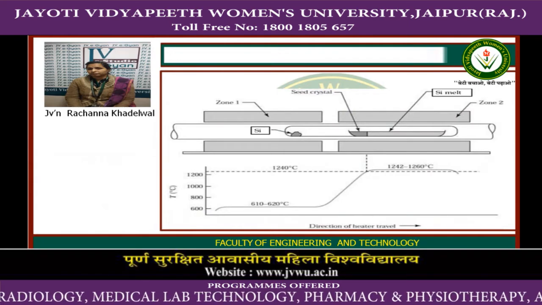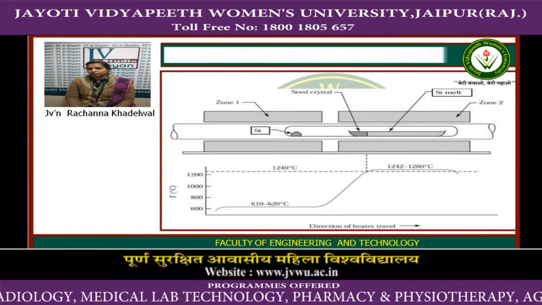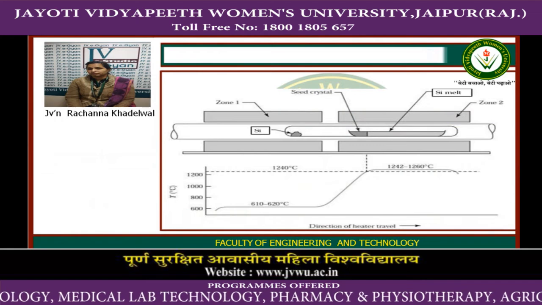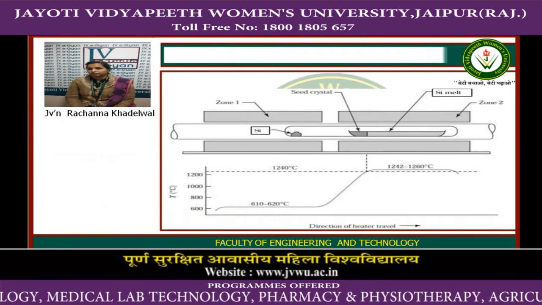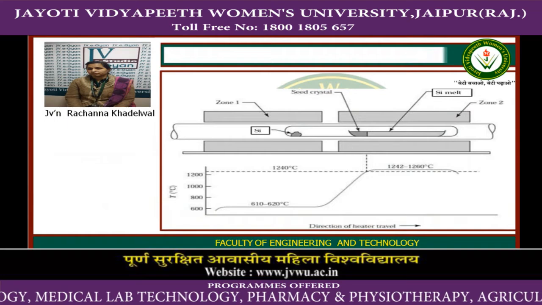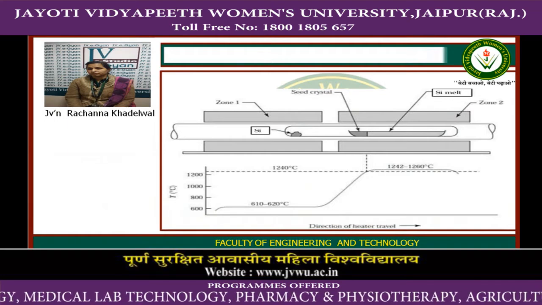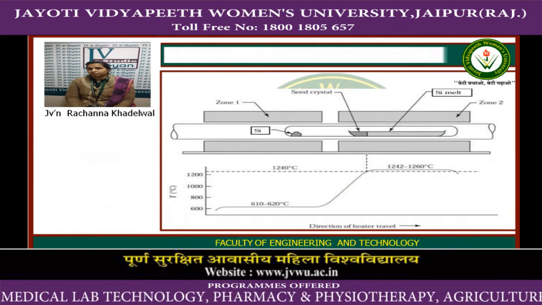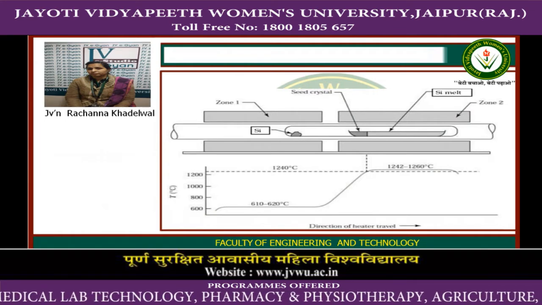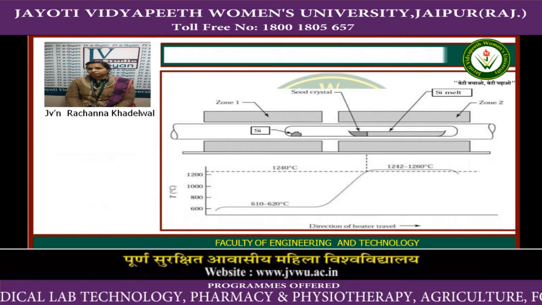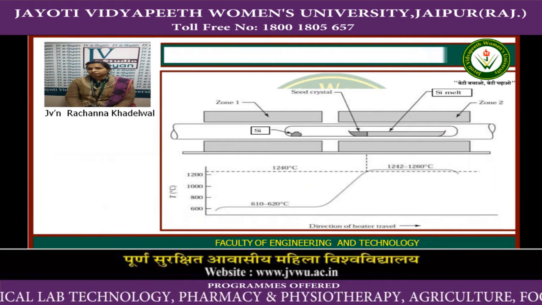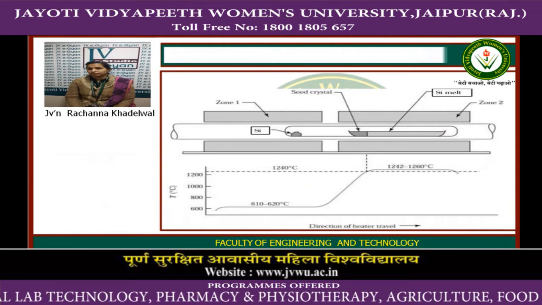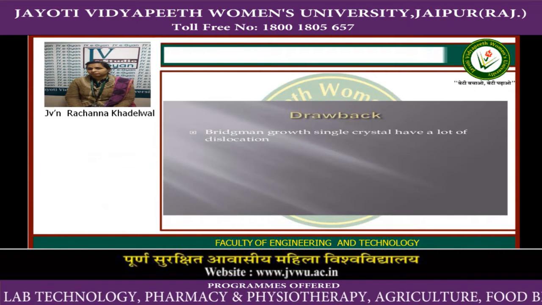Now this is heated to a temperature of 1240 degrees centigrade to 1260 degrees centigrade. In between, 1242 degrees centigrade is the highest temperature value at this point. The graph shows the temperature as well as the heater level and direction. The growth initially starts from 600 degrees centigrade to 1260 degrees centigrade.